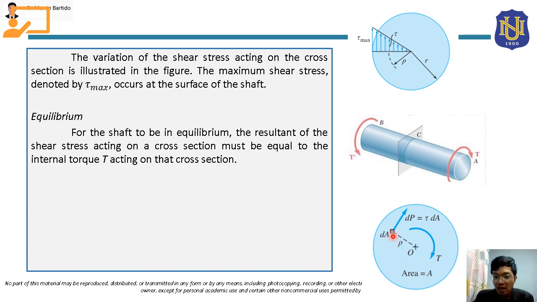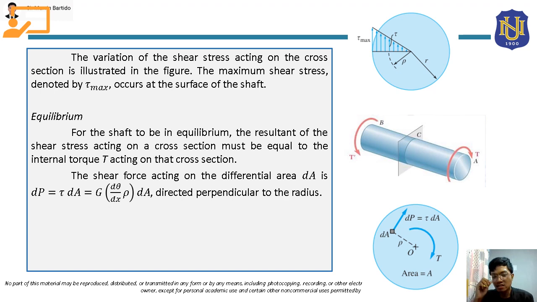The shear stress is represented by this dP, a differential force P, and there is a differential area here. Take note, class, that for shear stress, the formula is the internal shear force over area. Here, let's say that the internal shear force is dP and the area is dA.